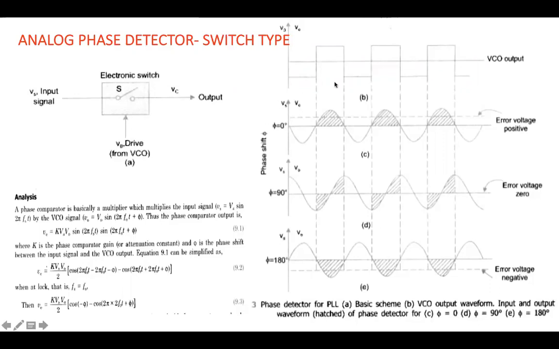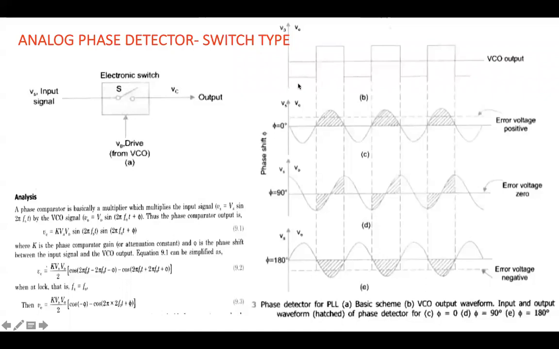Okay, and it will try to make this Fs equal to F naught, based on the feedback given to the phase detector via the VCO. At this point, when I have a low VCO output, you can find that there is no error happening. There is no gray or shaded portion.